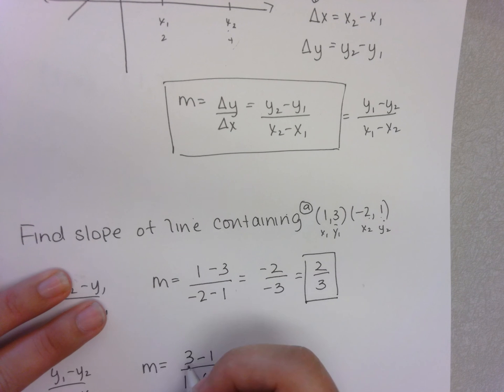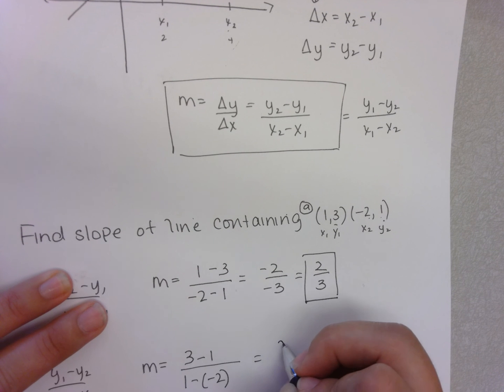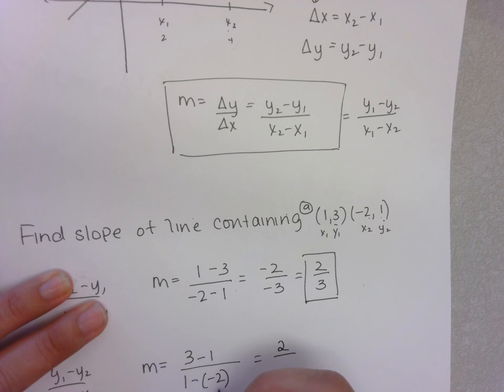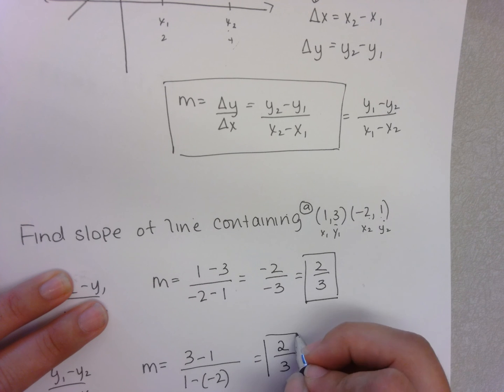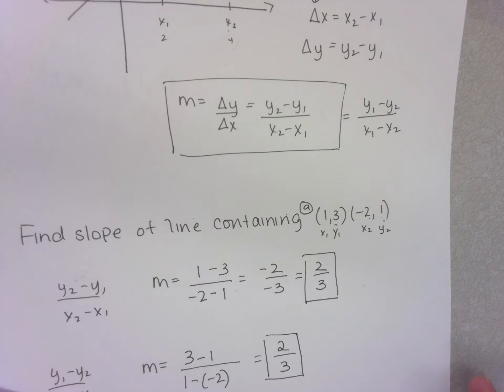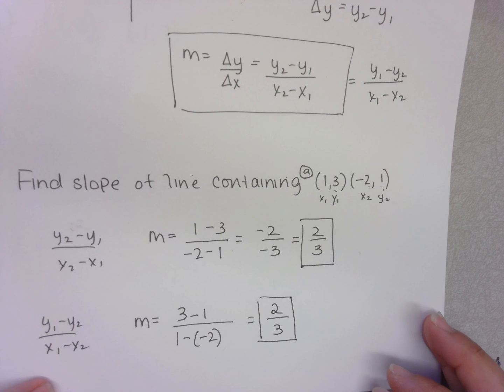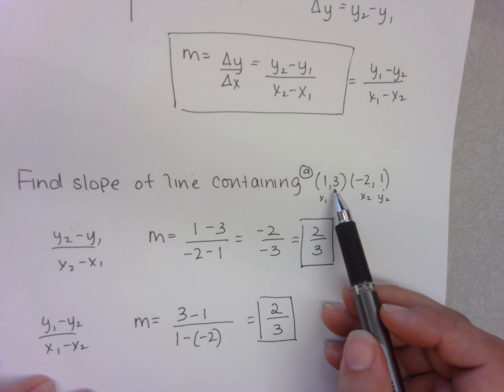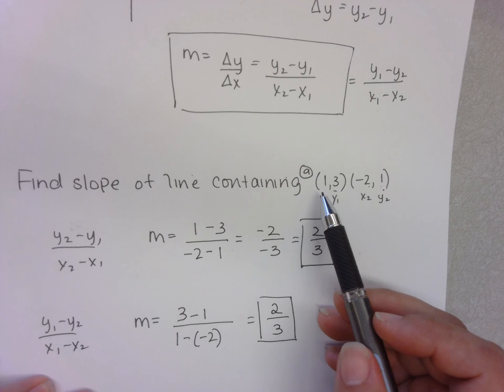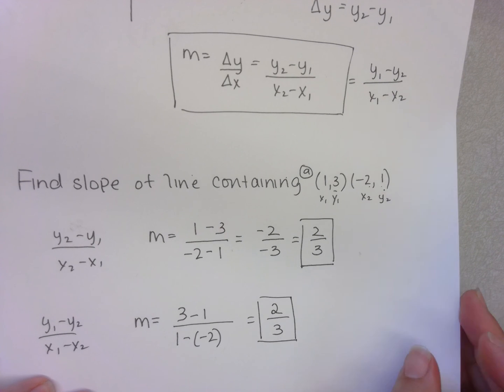So I get 3 minus 1, which is 2, and then 1 minus negative 2 is actually 1 plus 2, so I get 2/3. So you see, it doesn't matter what order I choose to do them in as long as I'm consistent. If I start with the y from this, then I start with the x from this on the bottom. Okay.